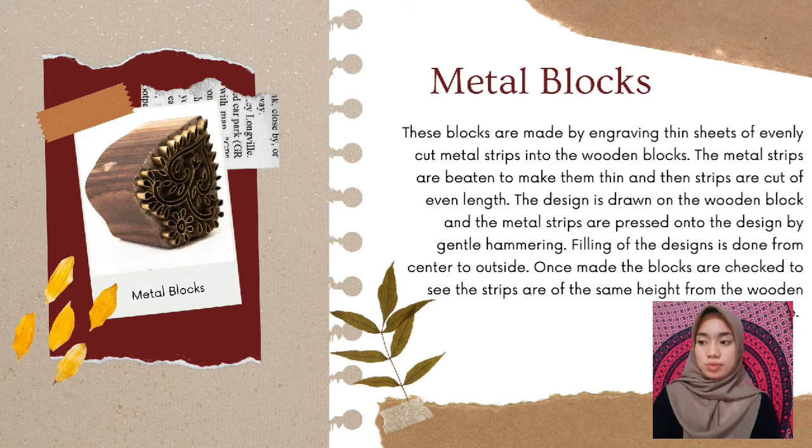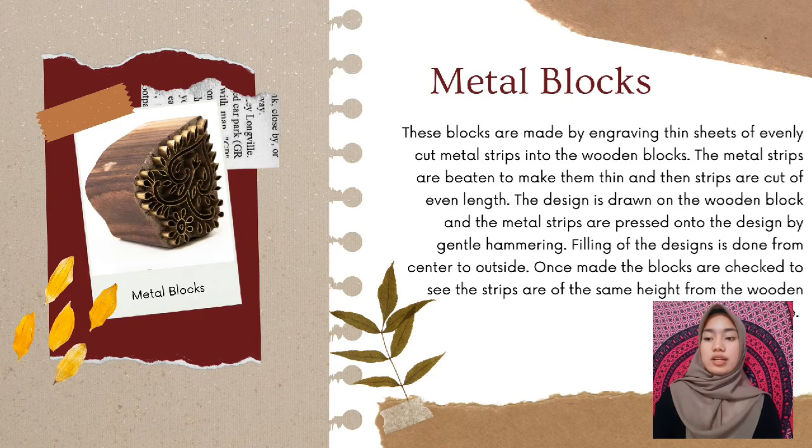The metal strips are beaten to make them thin, and then the strips are cut to even length. The design is drawn on the wooden block, and the metal strips are pressed onto the design by gentle hammering. Filling of the design is done from the center outwards.